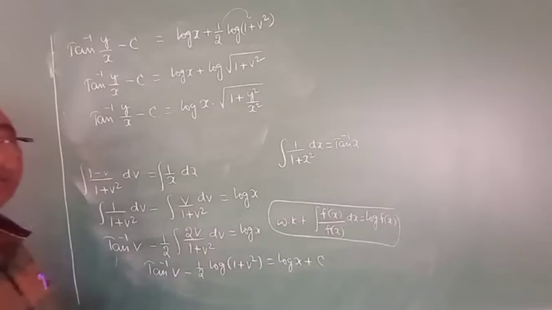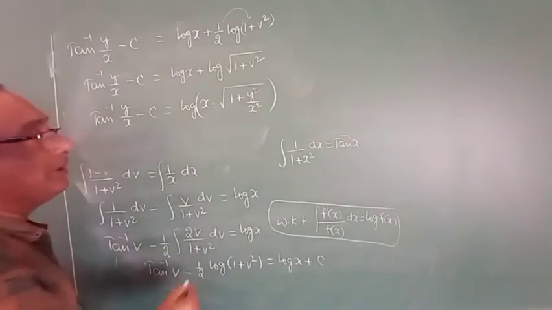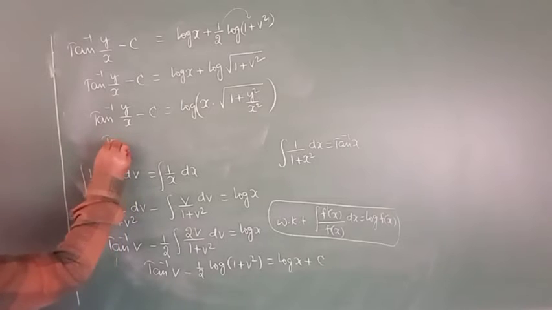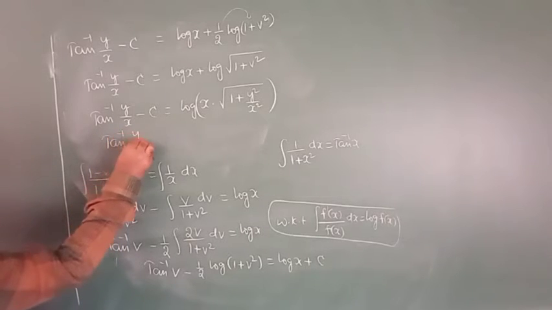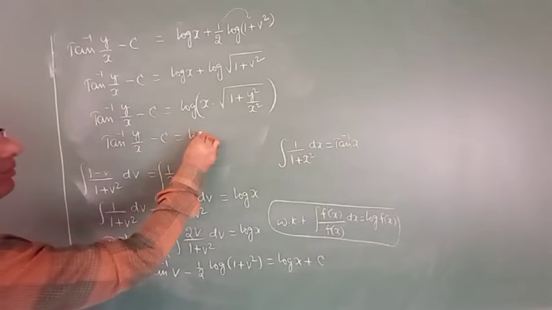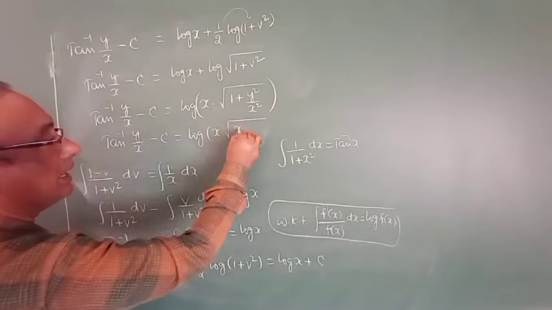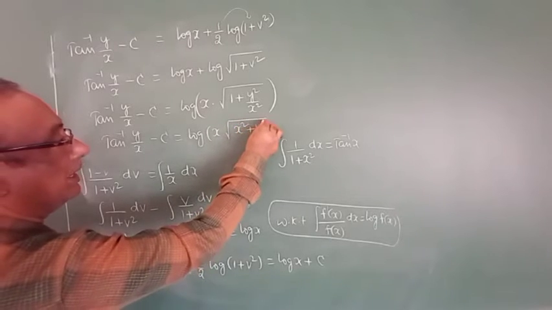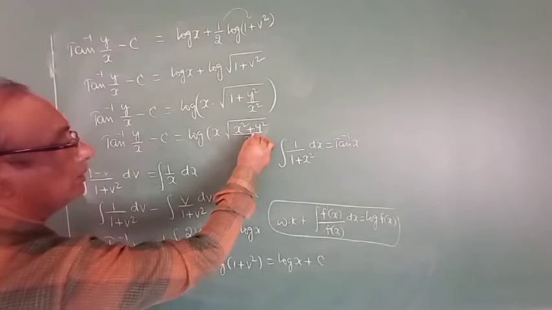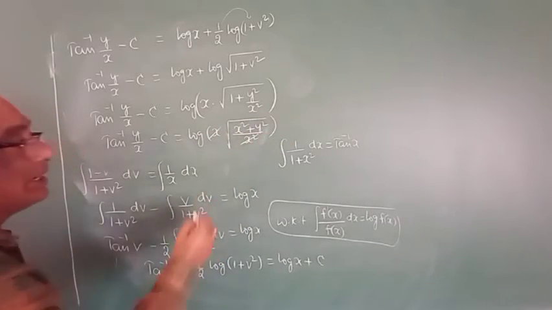Take the LCM and simplify: tan inverse of y by x minus c equals log of x into root of x square plus y square by x square, and under the root the x is cancelled.